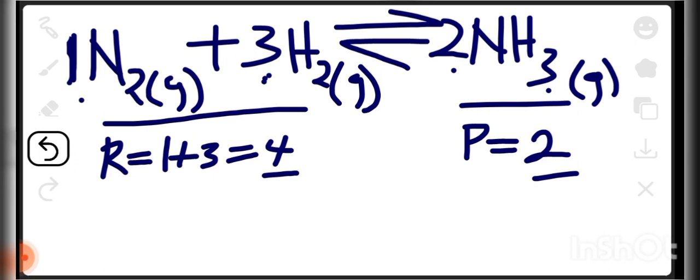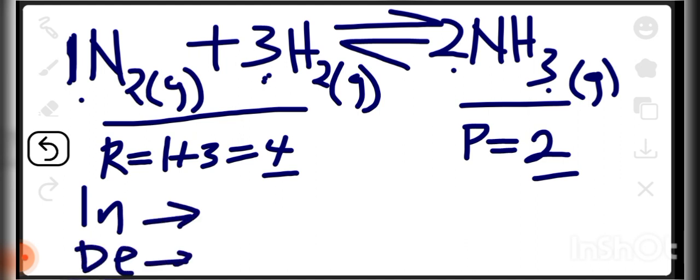So if you increase pressure or you decrease pressure, what will happen to this particular reaction? Now take note of this statement. Write it down. An increase in pressure will cause equilibrium position to shift to the side with lesser number of moles.